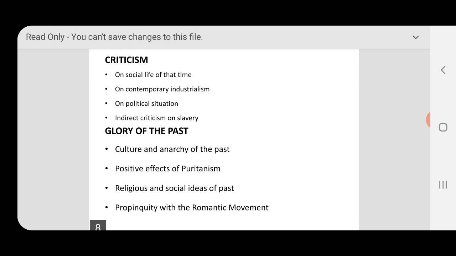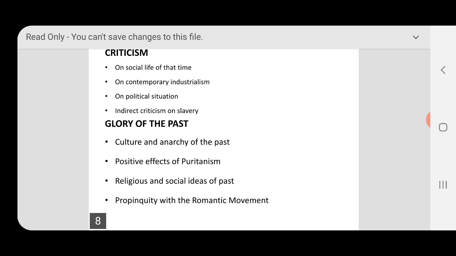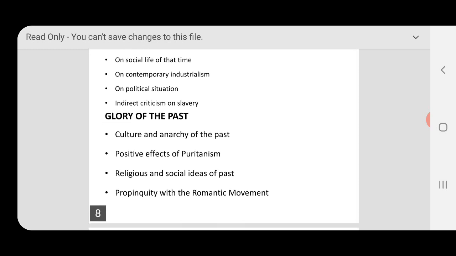Another important characteristic of Victorian poetry is the glory of the past. The majority of the poets, as we saw in the last class, turned towards the Middle Ages. They found an interest in depicting medieval art and culture. That's why they were fed up with the present social conditions and the present way of life.